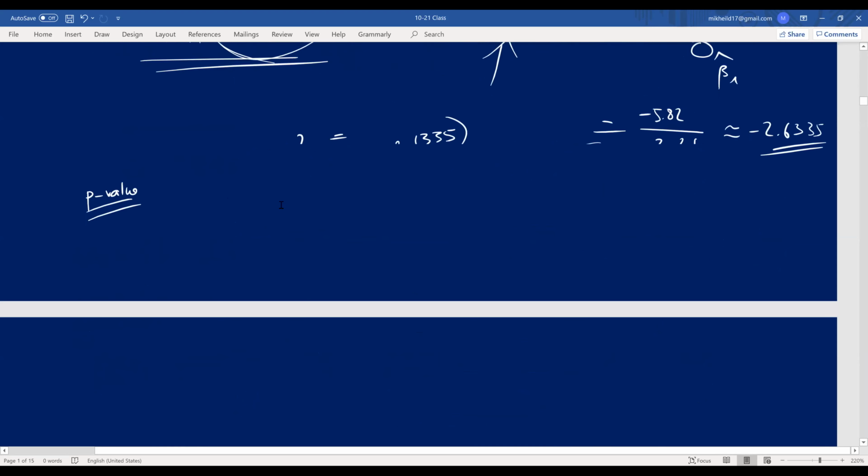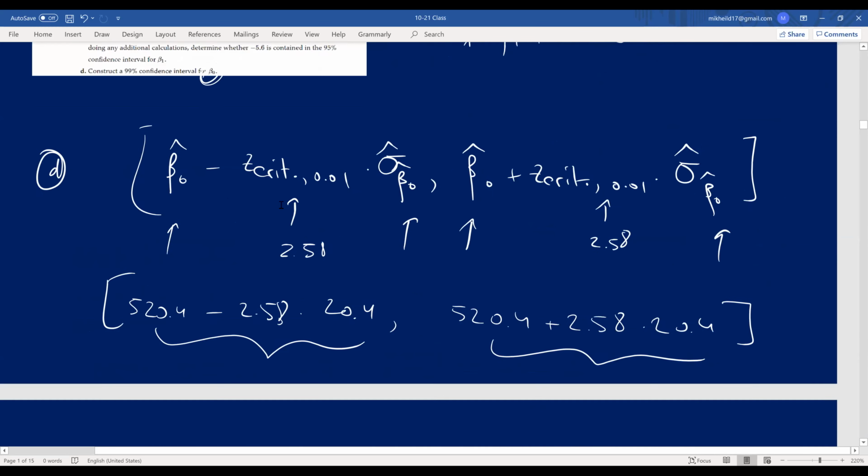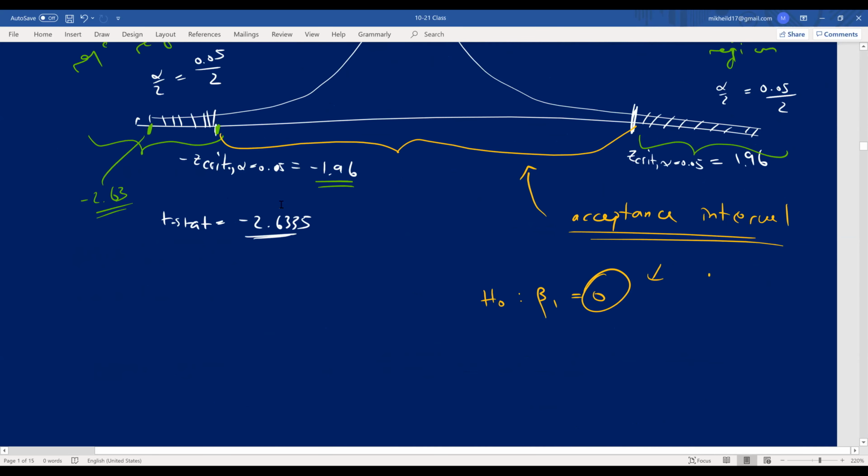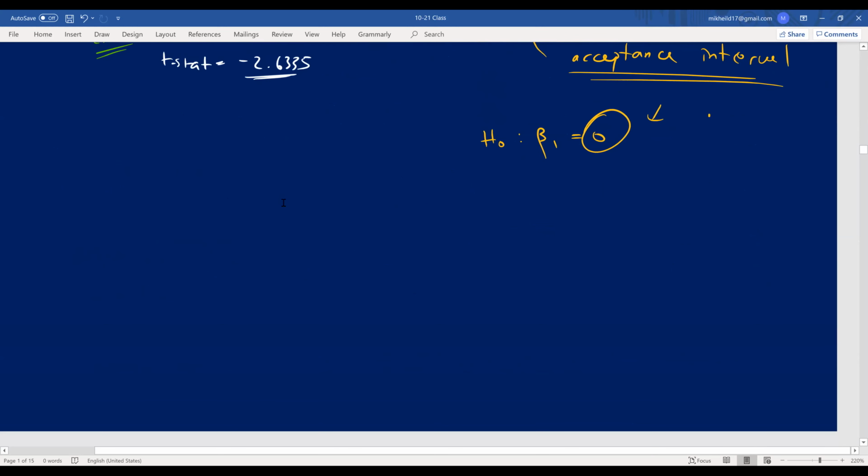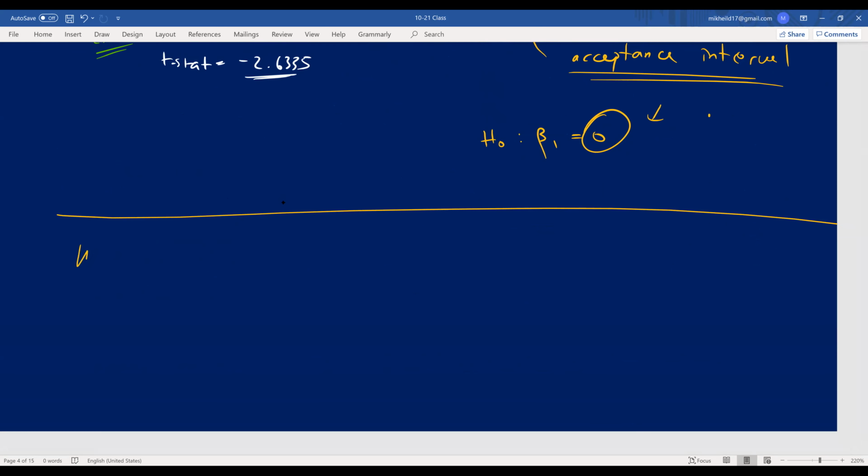So let me now remind you something. When do you reject the hypothesis? We already said it before, but let me remind you guys, because you will find this useful in the exam too.